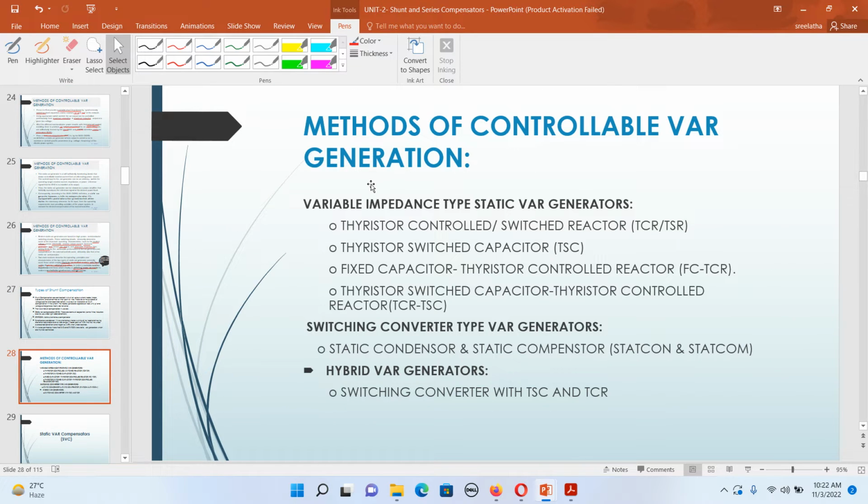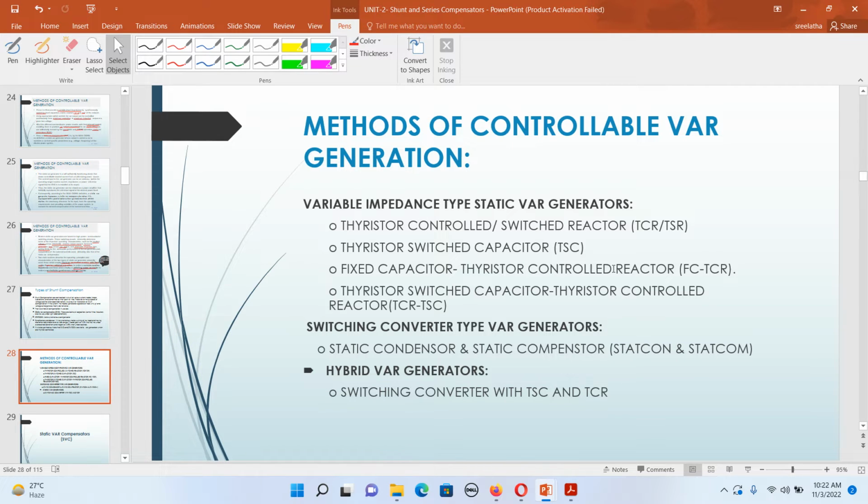So again, these static var generators are divided based on control technique. Especially here we are looking at the variable impedance type static var generator. Under that, if we are changing the impedance, these are the different types. First one is thyristor controlled or switched reactor, TCR or TSR. Then thyristor switched capacitor, TSC.